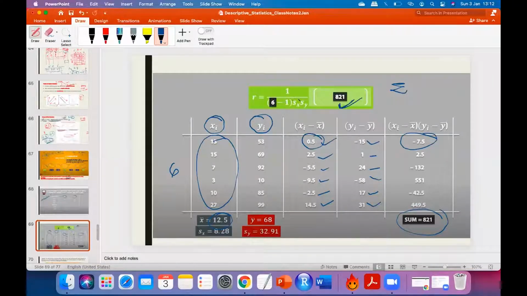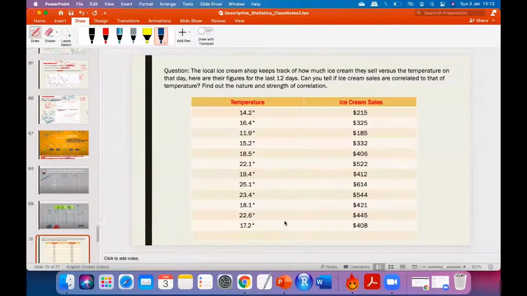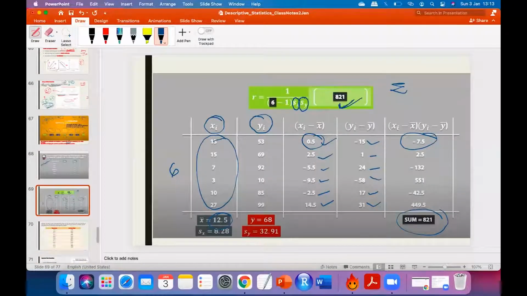Now I want to replace sx and sy. If I have all the values and the mean, I can find out the standard deviation of x and of y. I can replace these two values by 8.28 into 32.91. If I do that, I'll get the correct answer of R.